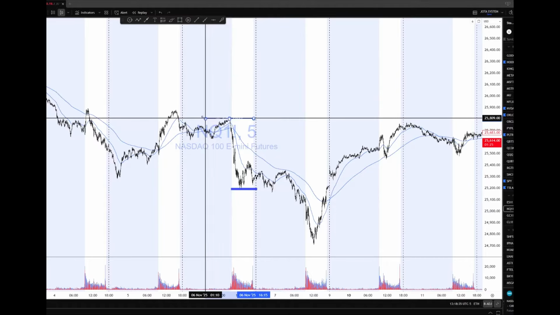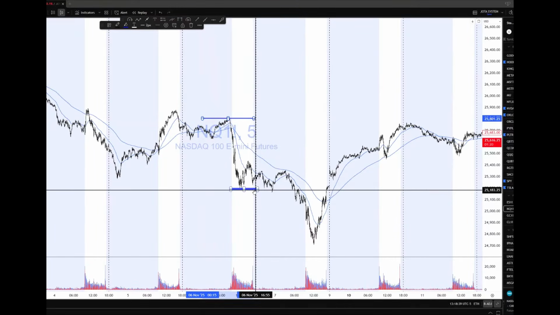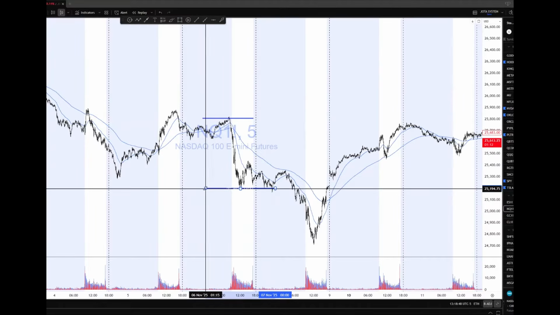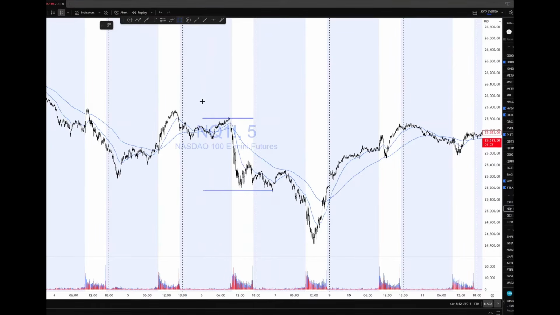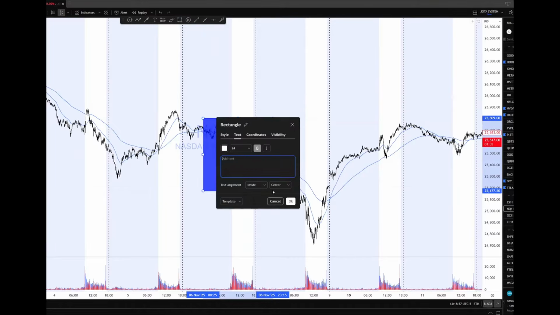NQ will be from midnight, and that's the previous day high, until over here midnight, and this will be the previous day low. So this is the range. We can actually create even a box over here. This is the previous day range.